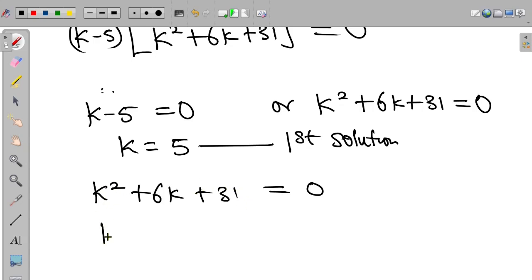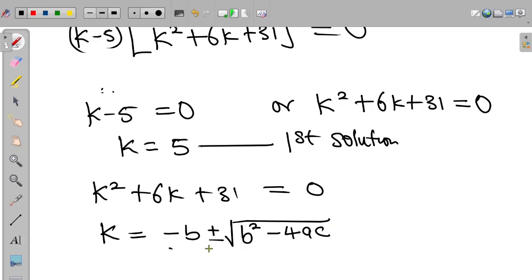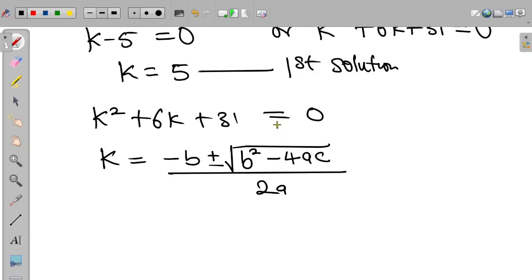So we know that k is equal to minus b plus or minus root of b squared minus 4ac divided by 2a. Now from our equation here, a is the coefficient of k squared and a is 1. b is the coefficient of k and b is 6.